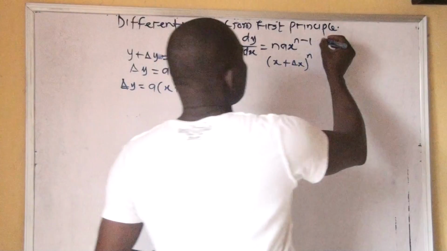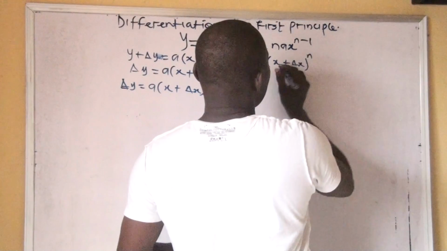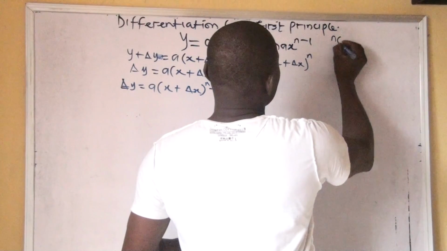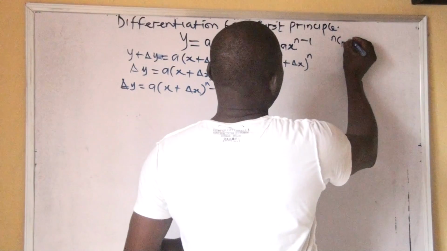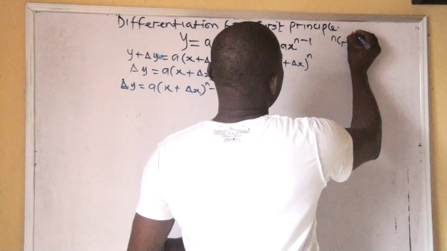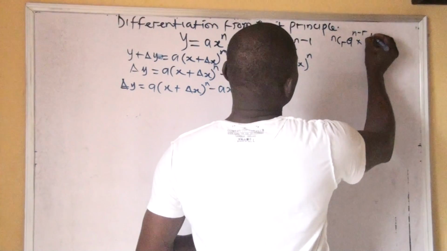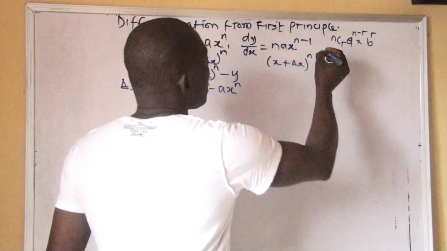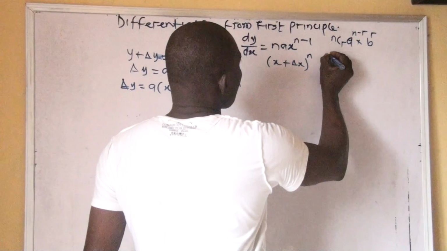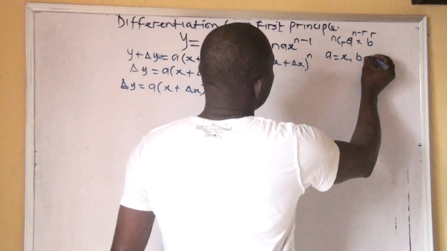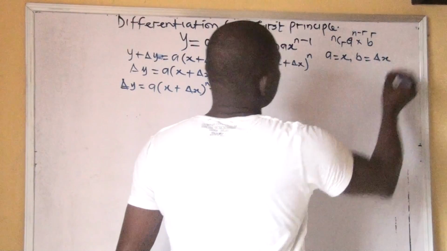In combination, the coefficient of x and delta x is n combination r, times a raised to power n minus r times b raised to power r. Here our a is x, and our b is delta x.